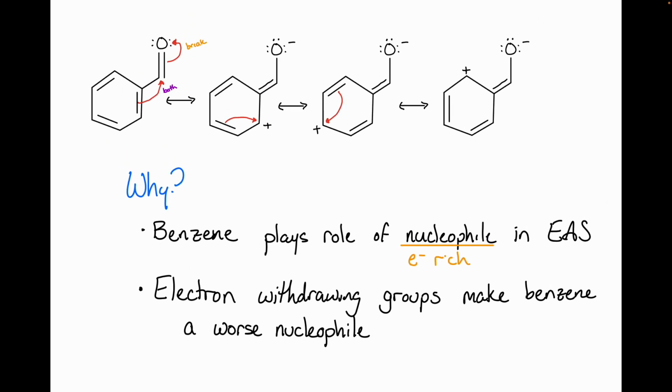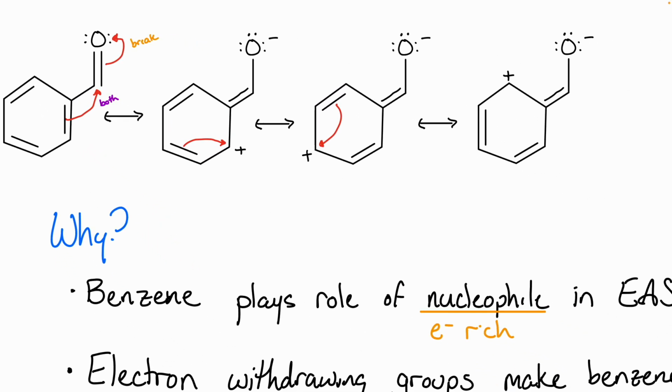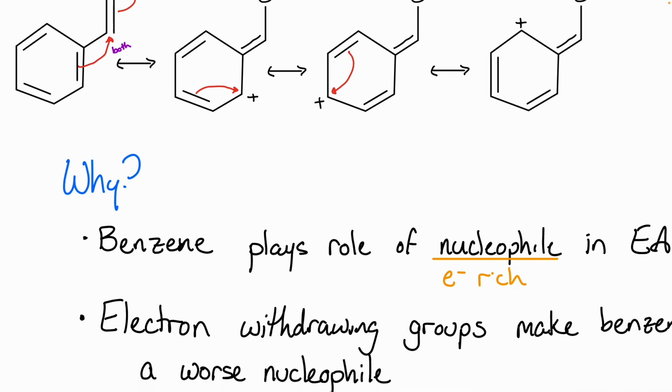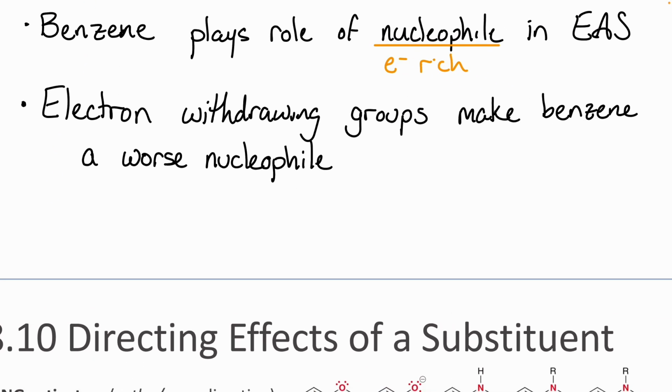But again, it turns out that not all of these positions are equally as bad. Specifically, where have we removed electron density from? Which positions? The ortho and para positions, right? So the reason why this is a metadirector is because I've made these ortho and para positions absolute crap nucleophiles by taking the electron density away from those ortho and para positions specifically, right?